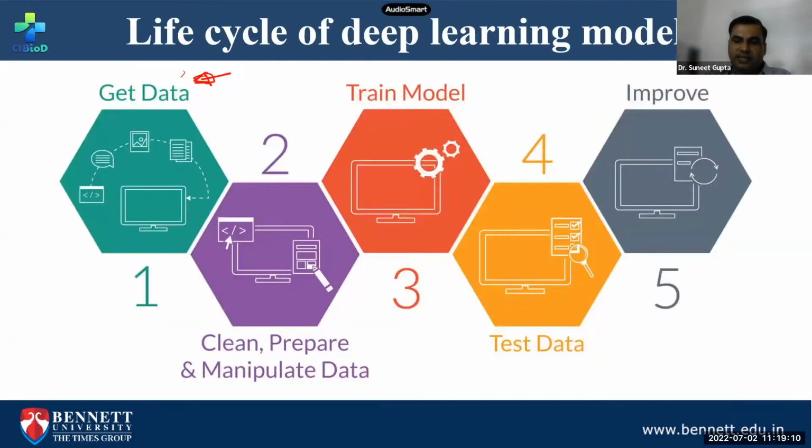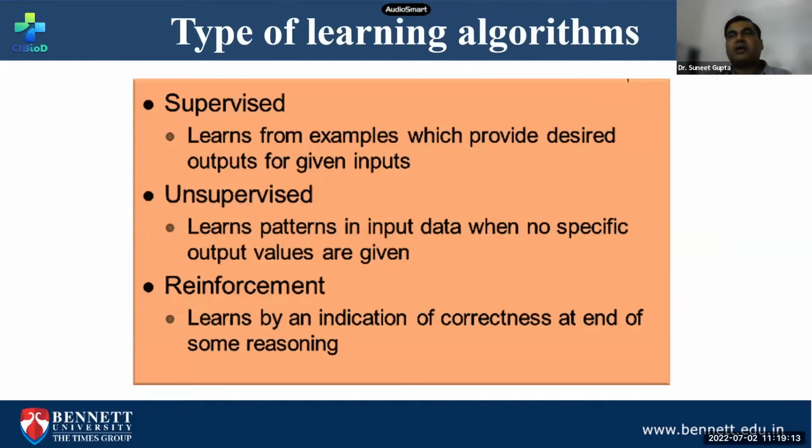Now you can see the types of learning. Nowadays so many apps are there, and different apps, such as healthcare apps, work with different kinds of learning algorithms. Number one is supervised, then unsupervised, and then reinforcement learning. In supervised machine learning, generally we classify the data. Classification comes under supervised learning.